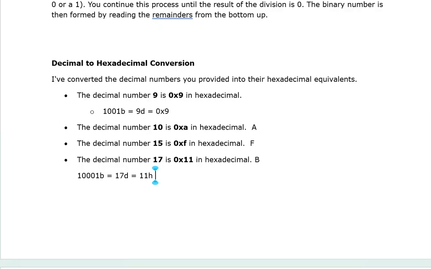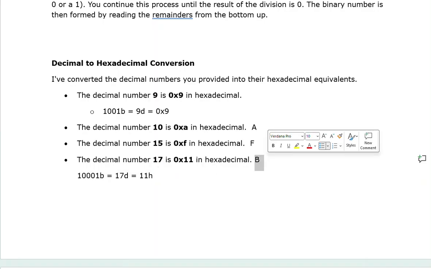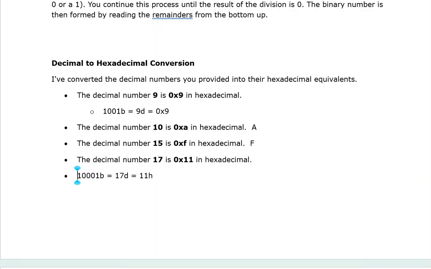This would be a 17 when you do this all out, okay? So this is an error here on my part. So the decimal 17 is a 0x11 in hex, a decimal 17 again, okay?